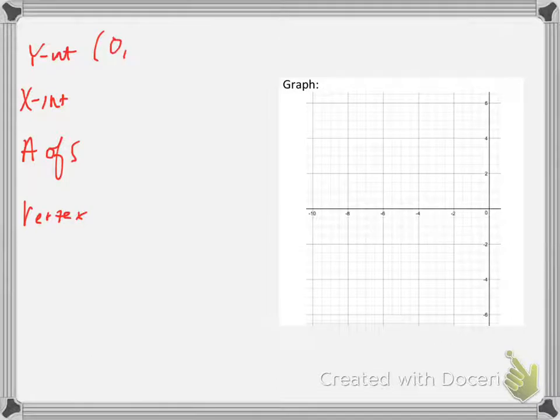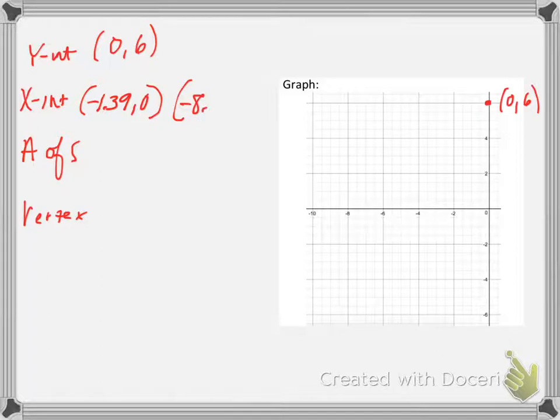We had a y-intercept at 0, 6. So on my graph, I'm going to plot a point at 0, 6. Then my x-intercepts were negative 1.39 and negative 8.61, comma 0.